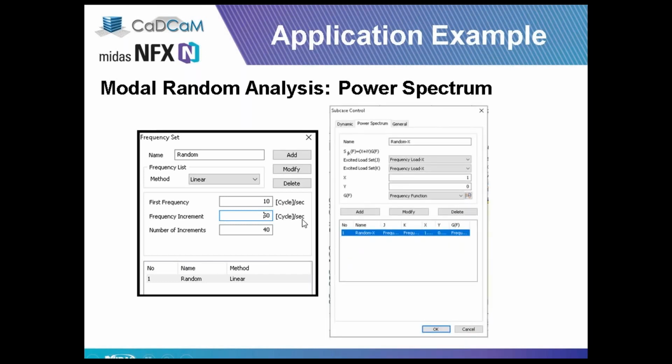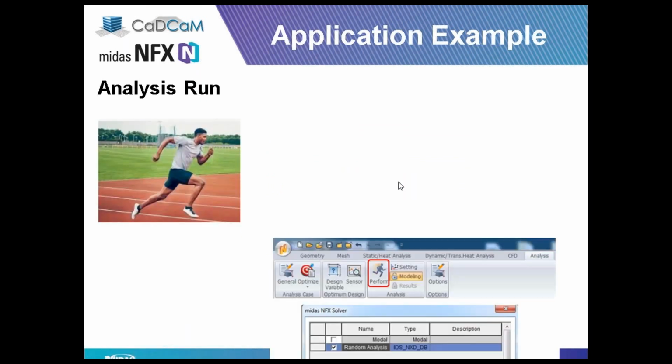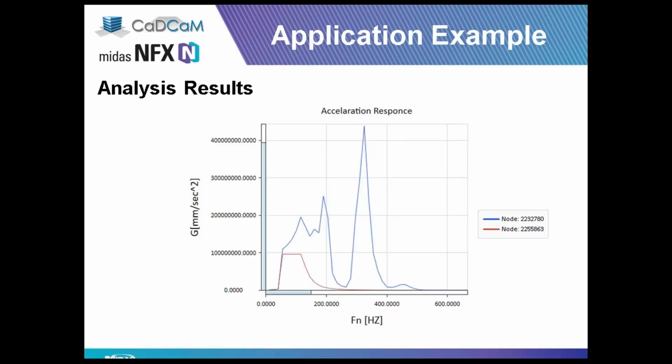And of course, we define the power spectrum curve, frequency load X, and the frequency function, which is the PSD curve. Also, we can define if we want the results at 1 sigma, 2 sigma, and 3 sigma, which are the time function that the system is exposed to, and also run the system and get the results.